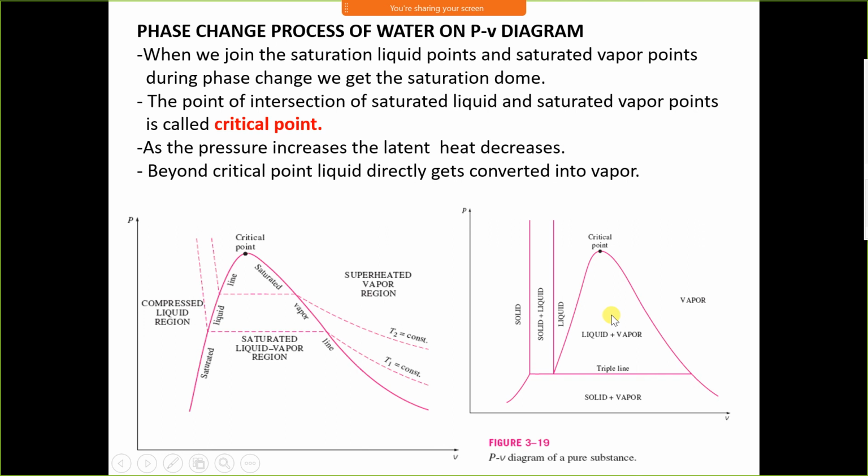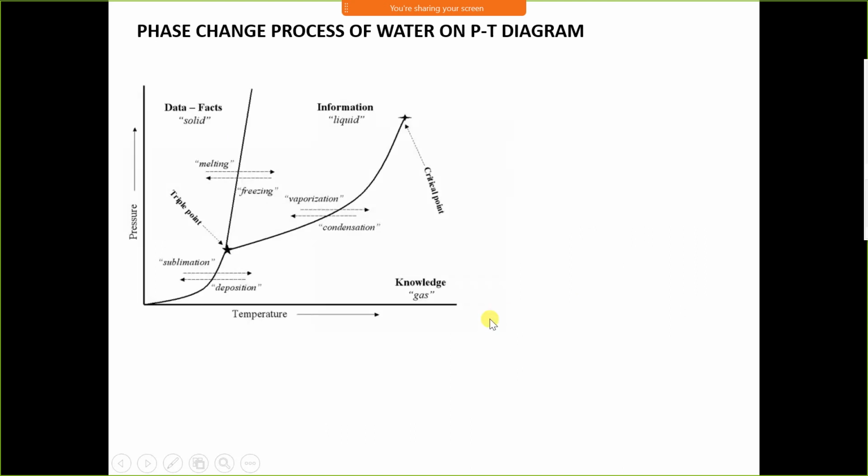Now this is the pressure volume diagram for a pure substance. There are two types of pure substance we will discuss in the next slide. First is water. Water is a pure substance and there are other substances also.